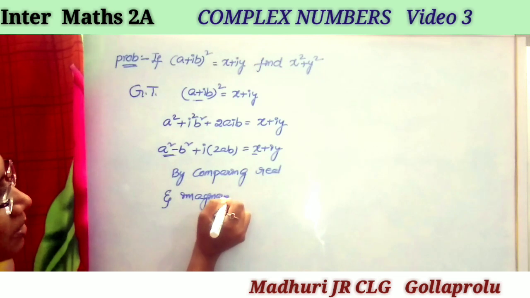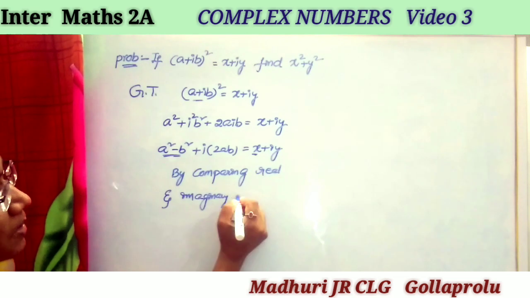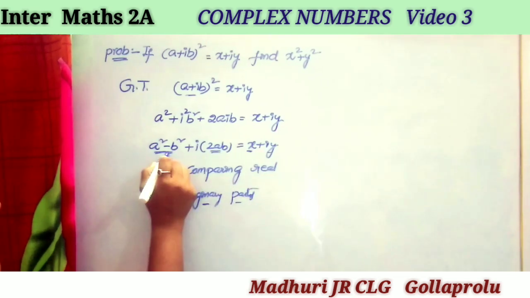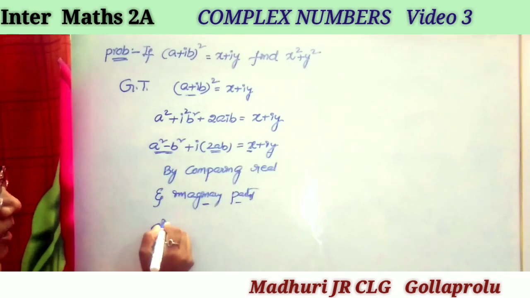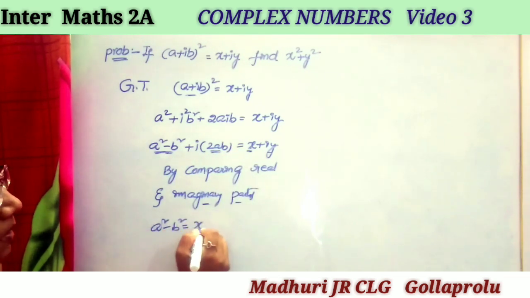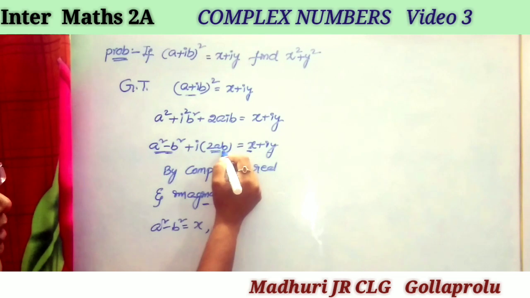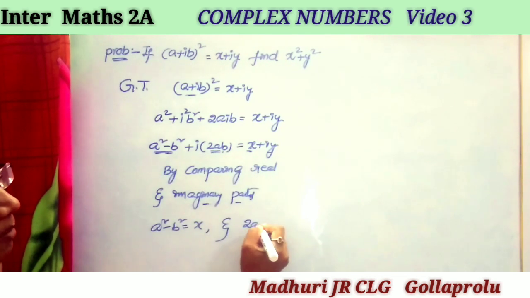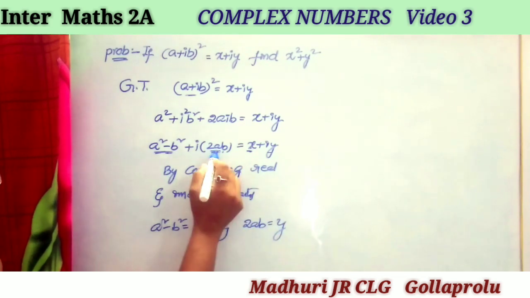The real part is a square minus b square, and it equals x. The imaginary part is 2ab, which equals y.